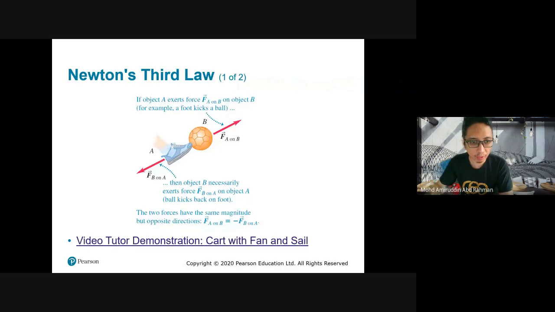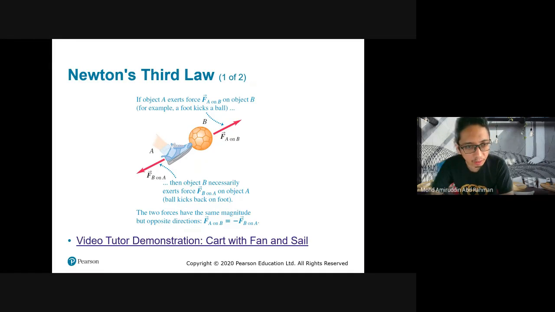So that's why the cart is not moving, right?